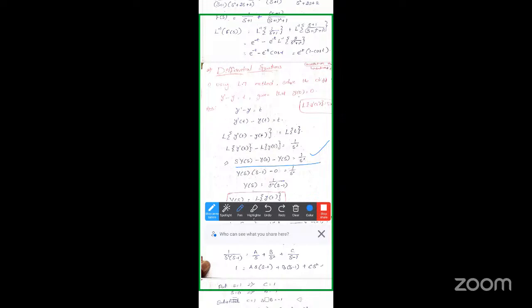Here the given condition is y of 0 is equals to 0. So taking y of s common, y of s into s minus 1, after taking common y of s the remaining term is s minus 1, equals 1 by s square.